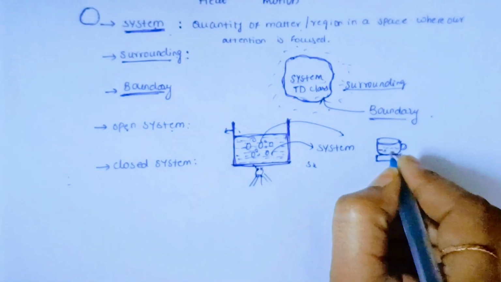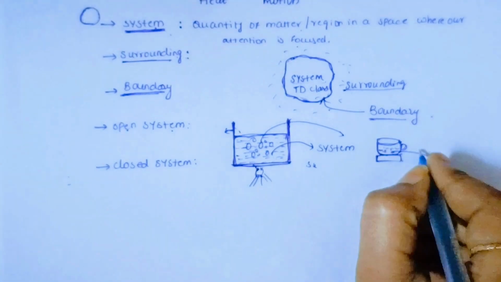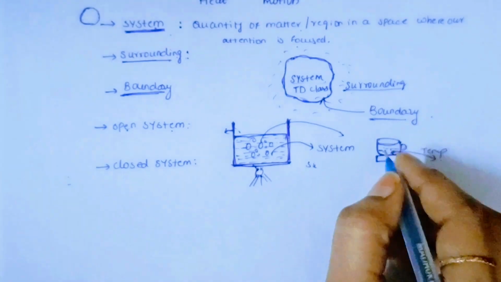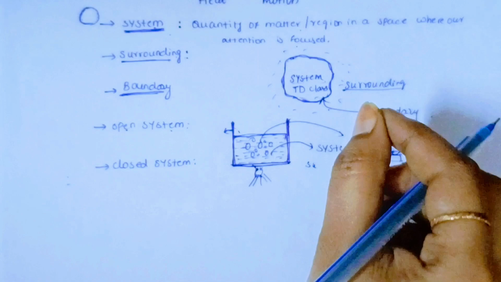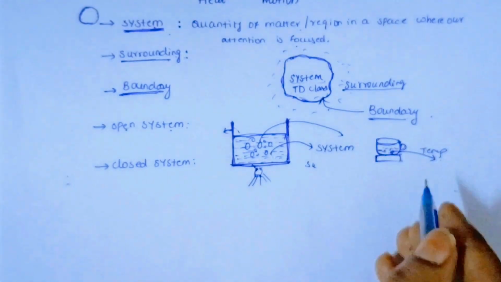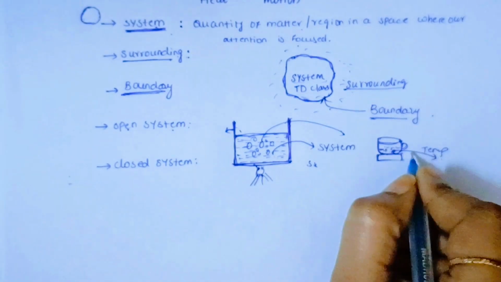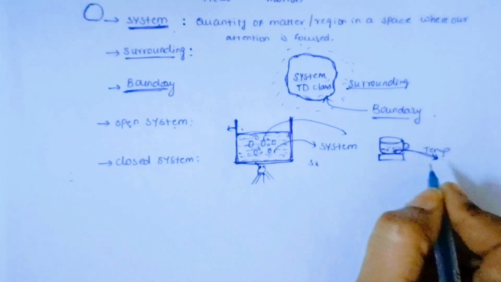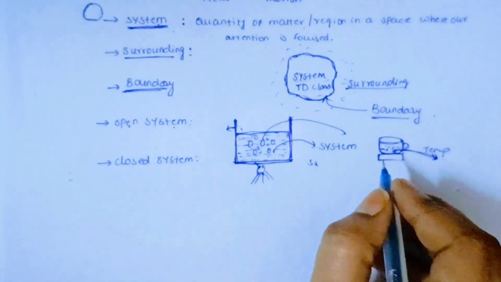Because of the temperature difference between the system and the surrounding, there is an exchange of temperature, no? If you keep a hot tea cup on the table, after some time it will get cold, na? Due to the difference in temperature, the hot tea gives heat to the surrounding, that's why it is becoming cold.